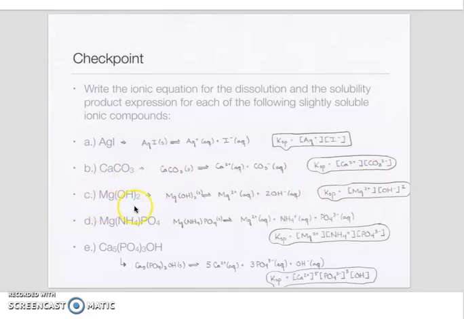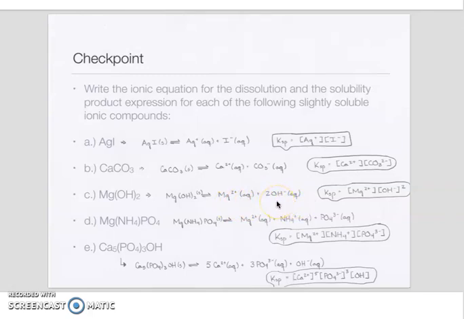The next one we have is magnesium hydroxide. That's going to break into its respective ions of magnesium and the hydroxide ion. So for magnesium hydroxide, I'm going to write its solid, so magnesium hydroxide. And then I'm going to break it down into its respective ions for my product. So I have magnesium 2+ aqueous, and I'm going to have 2 hydroxide ions, -1 charge, aqueous.